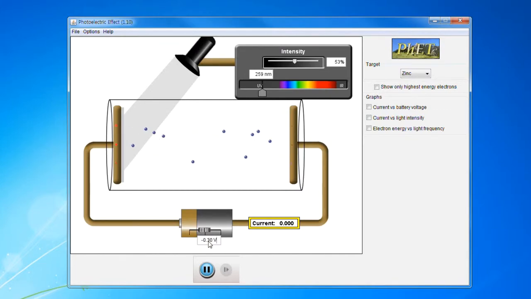So up to here, minus 0.3, still crossing. Maybe not enough yet. Let's change up to minus 0.5. Okay, this is enough. This looks like the stopping potential at this position.